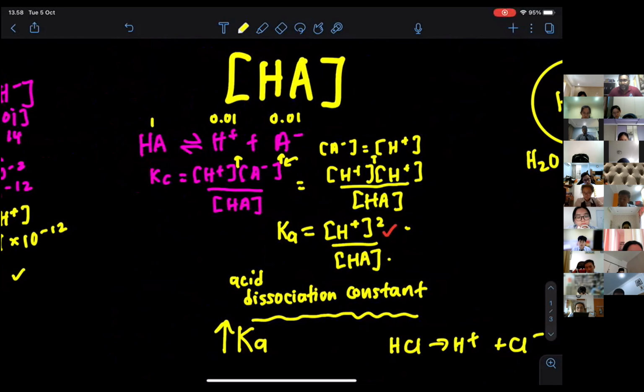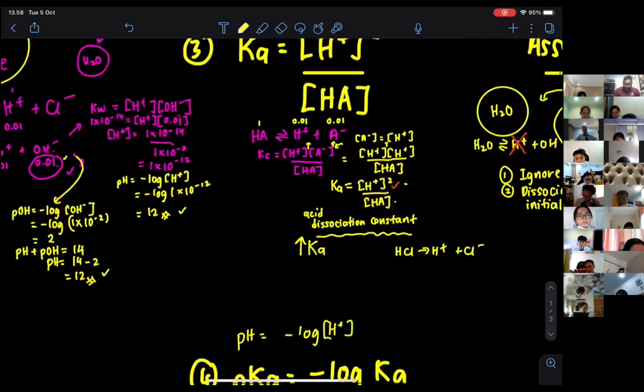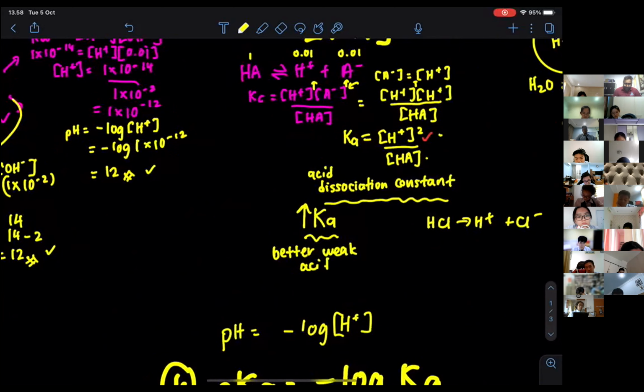It means that my weak acid is a better acid. What do I mean by better acid? The weak acid can dissociate to give you more H plus. That is the meaning. So if your Ka is more, I can simplify and say that this is a better weak acid.